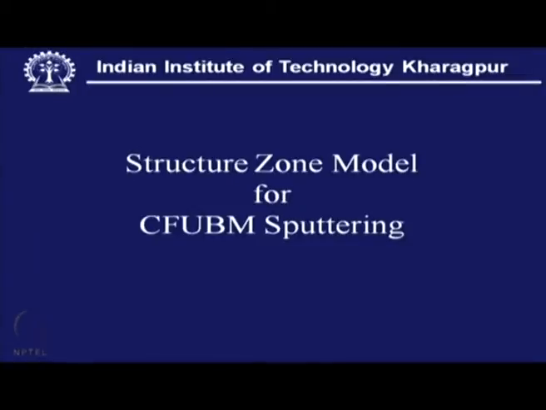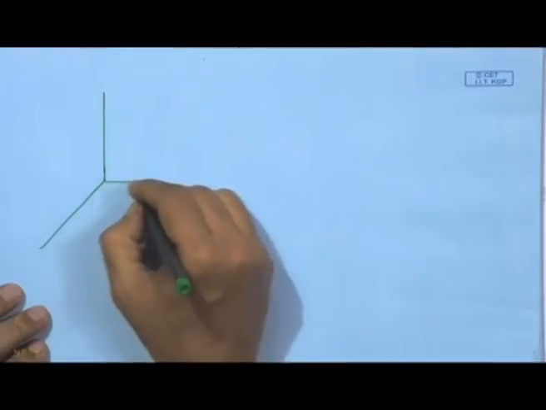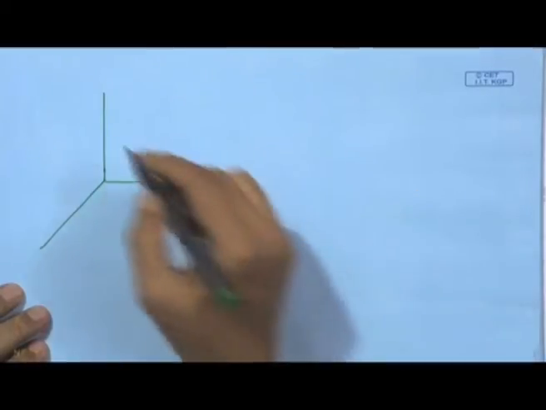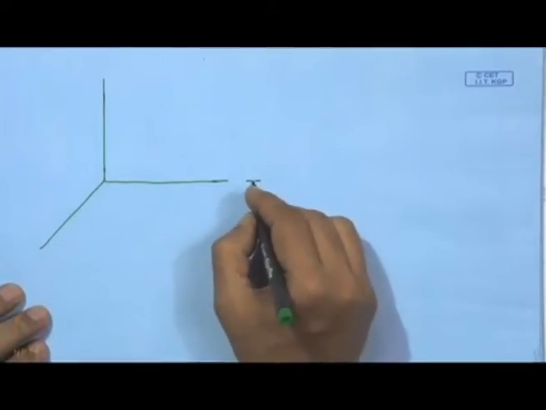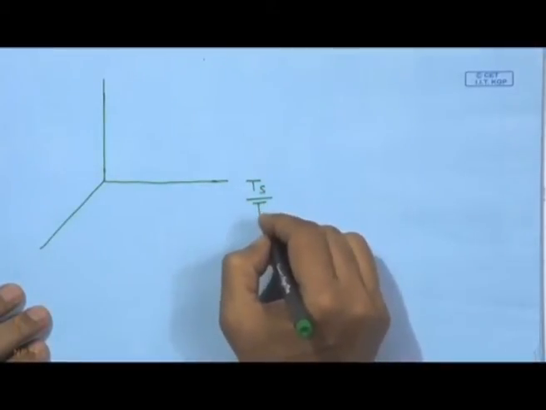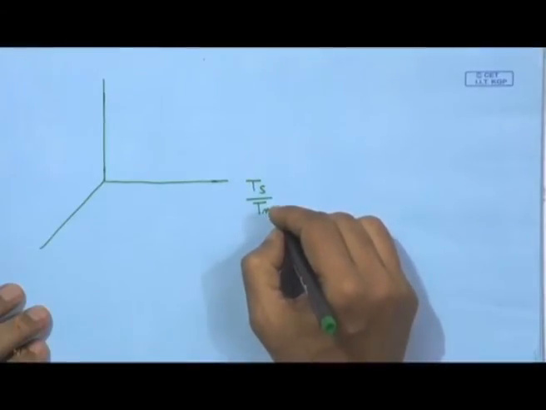So, it is actually the structured zone model for CFUBM sputtering. Now, if we have a 3-dimensional presentation, we can have a look here. This side we call Ts by Tm, that is the homologous temperature, the temperature of the substrate over the melting point of the target.